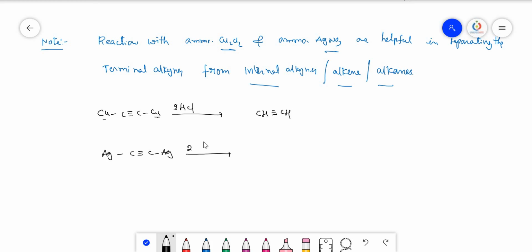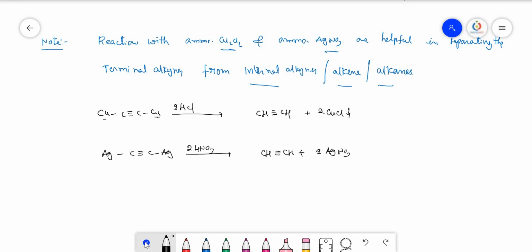Again we react with HNO3 or HCl. With HNO3, the Ag part reacts with the NO3 part, so that we get CH triple bond CH plus 2 AgNO3, and in the other case 2 CuCl. Both of these are precipitates.